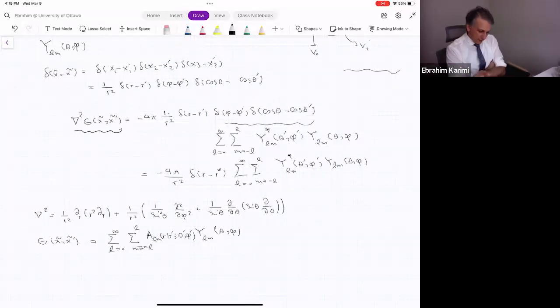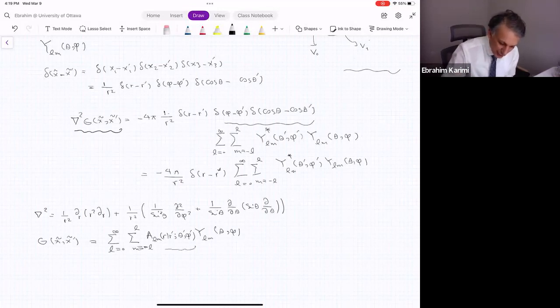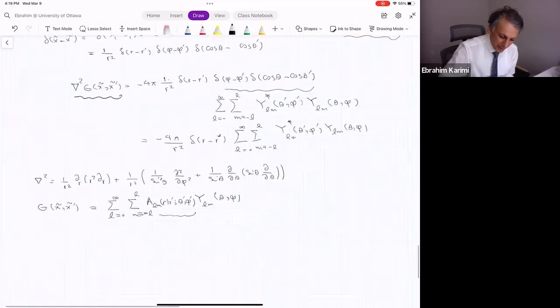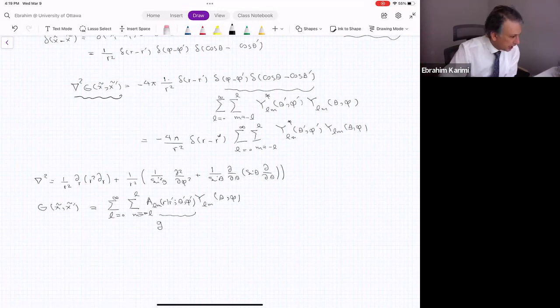And we know very well from the addition theorem that this is essentially nothing more than the coefficient we discussed previously, something like gL of r and r prime times YLM star of theta prime and phi prime.